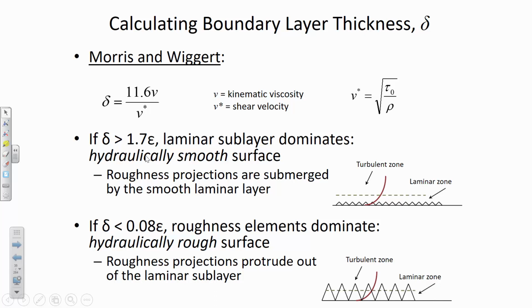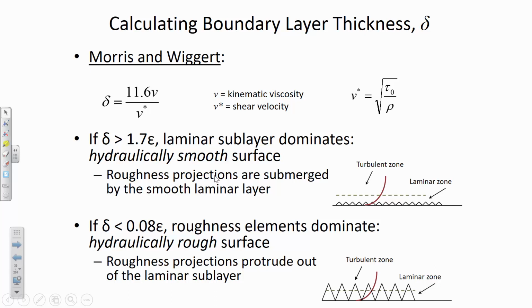Similar to how Reynolds number has a transition zone between 2,000 and 4,000. So hydraulically smooth and hydraulically rough will come back again when we're actually doing some hydraulic calculations.